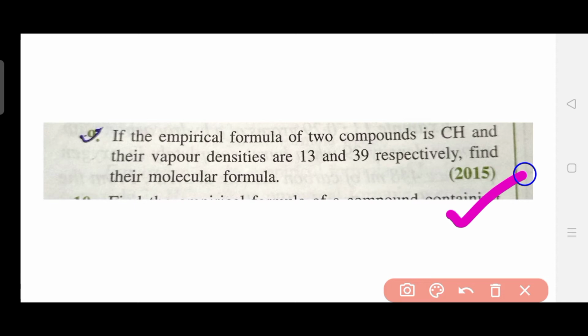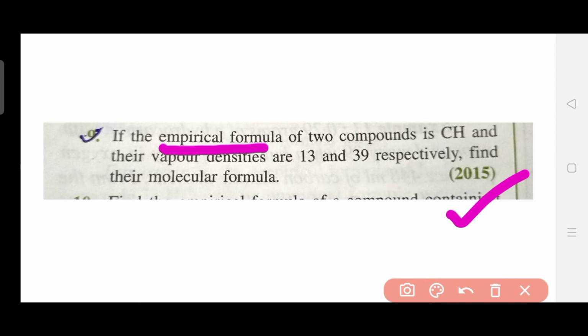If you are unable to understand this question, let me give you a hint. You know that compounds may have different molecular formulas, but two or more compounds can have the same empirical formula. You know that the empirical formula is the simplest formula.